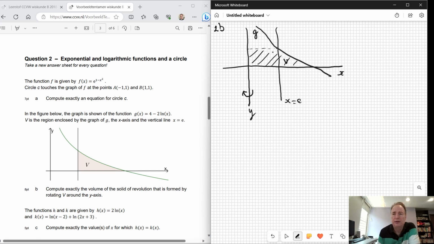Let's call this W. W would be the integral. So we start from 0. Don't forget the pi here. From 0 to 2, actually, where? What is this point here? That is where g intersects with the vertical line x equals e. So let's call this a.